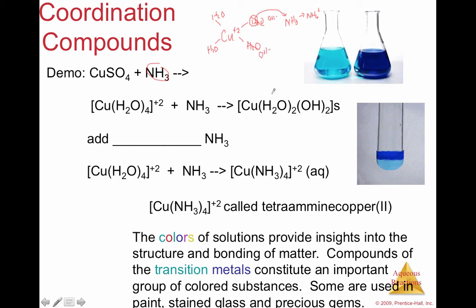Producing this copper 2 hydroxide, which is a white solid. I'm sorry, a light blue solid as it appears.